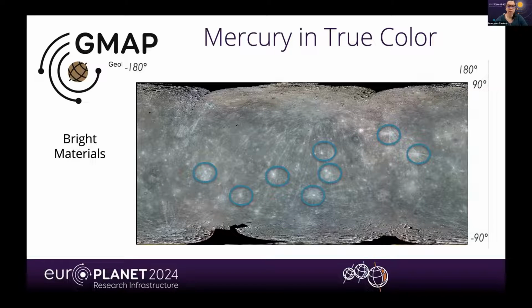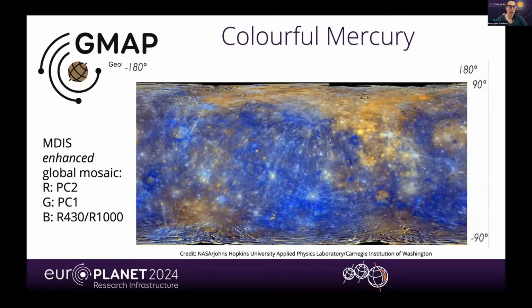But if we choose other combinations, not just this true color, but we use in the RGB other kinds of parameters, for example, the principal components and spectral ratios, we can better emphasize these color variations. So this is the famous enhanced mosaic of Mercury.